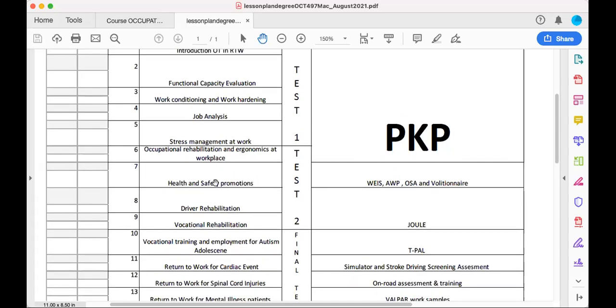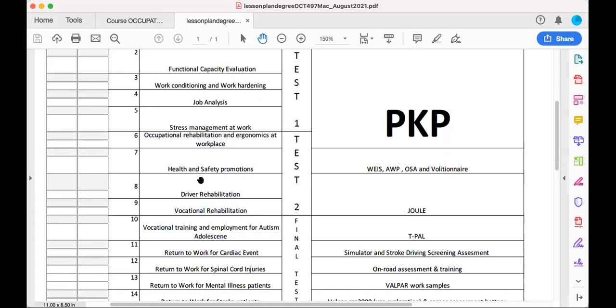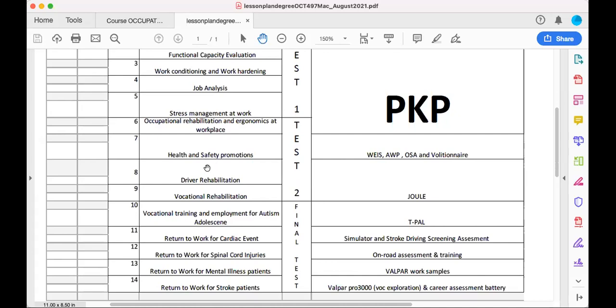So OT not only works at clinics and hospitals, but also at the factory. So as an OT, what can we do in the workplace? And also there is health and safety promotion. So this is the basics in terms of how to take care of health and safety at the workplace.